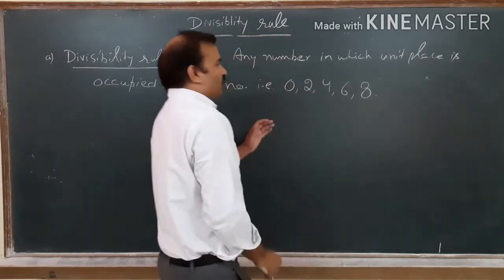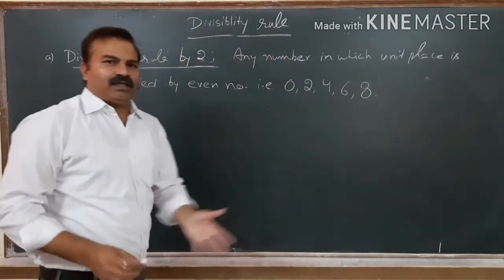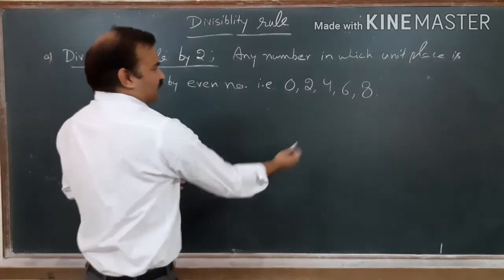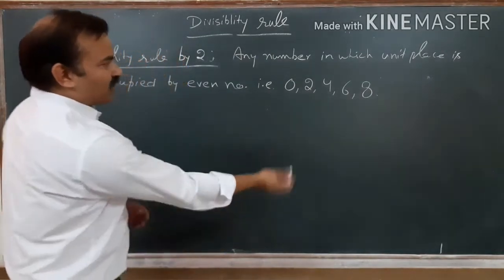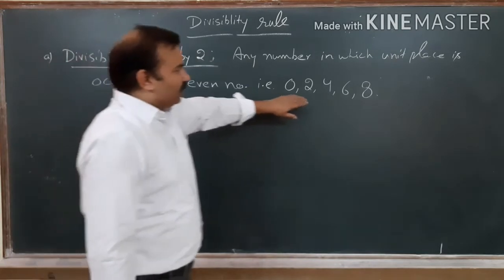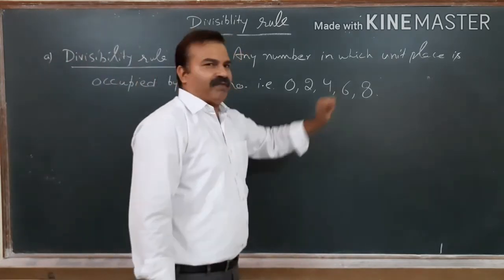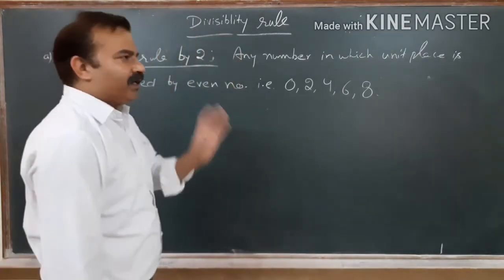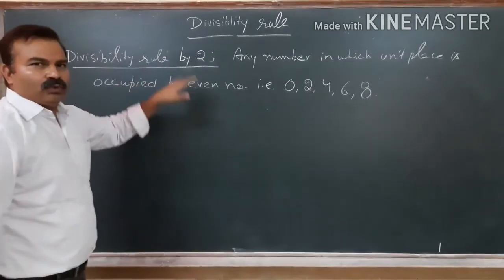So you take any number, but if the last digit, the unit digit, the most right digit, is occupied by these digits, then the given number is divisible by 2.